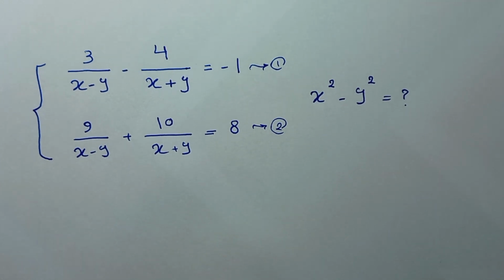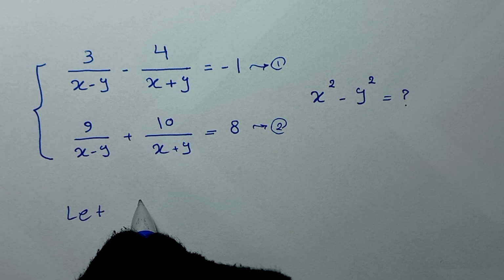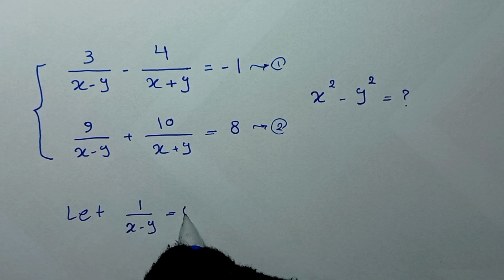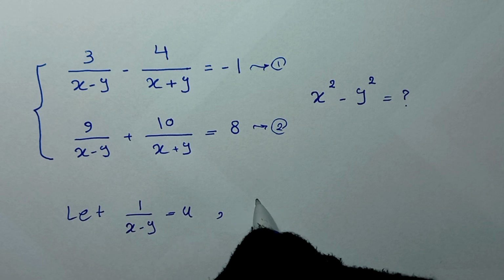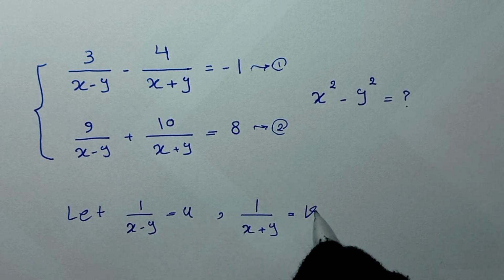In next step, we let 1 over x minus y as u and 1 over x plus y as v.